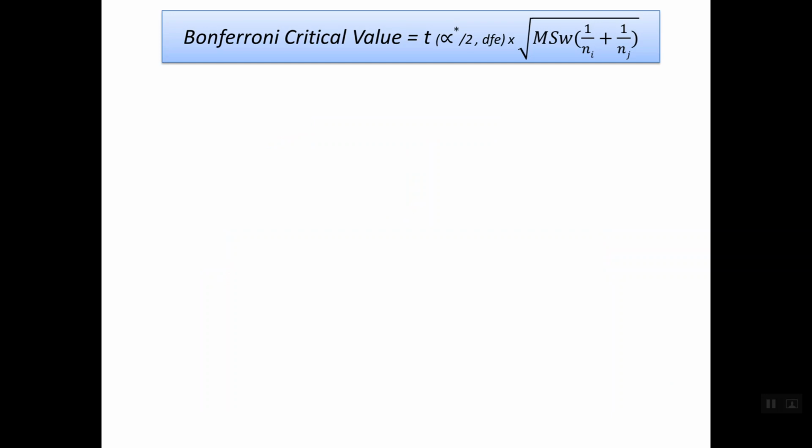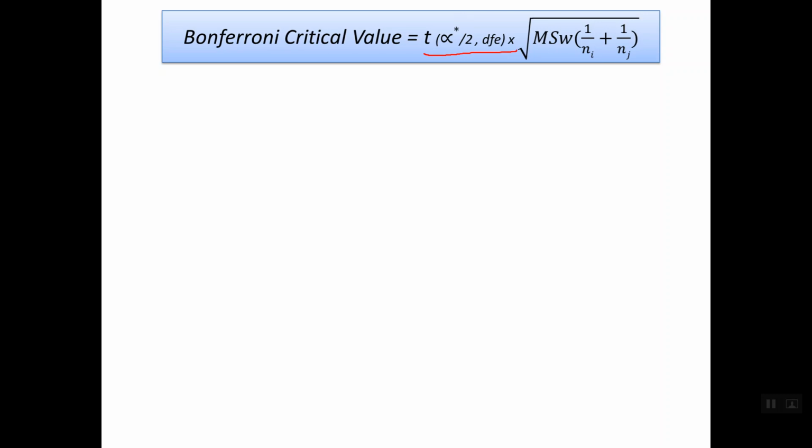First, let's understand the Bonferroni critical value and its contents. As I have said, the value of T is not the same as the value of T for LSD test.